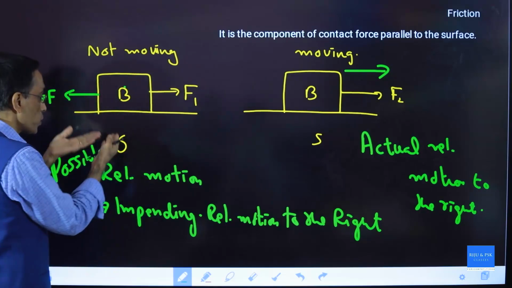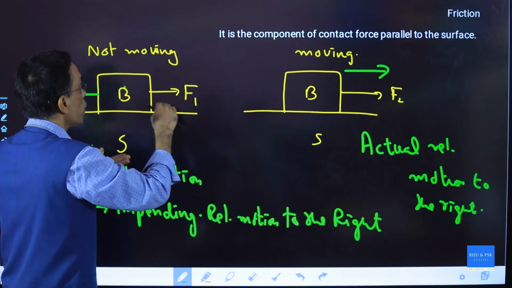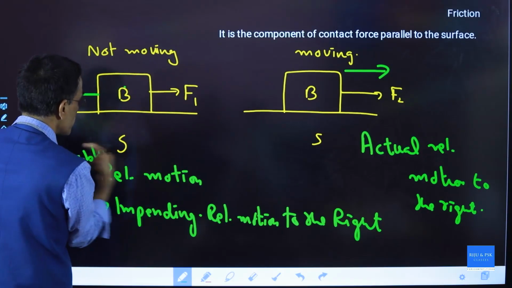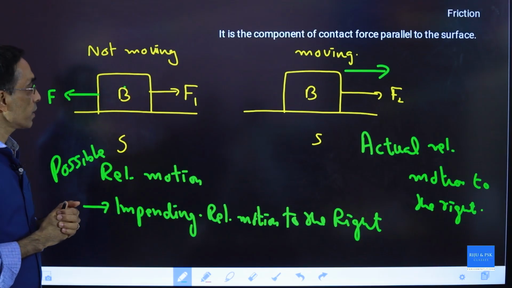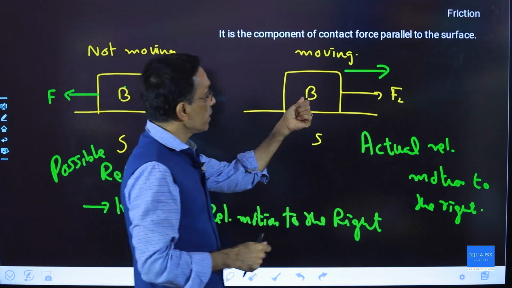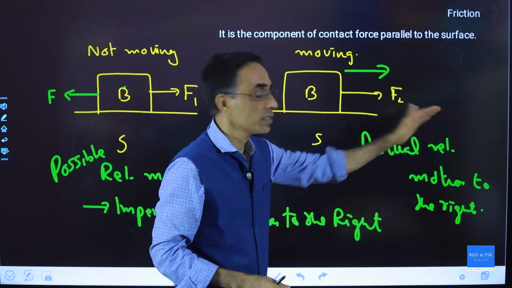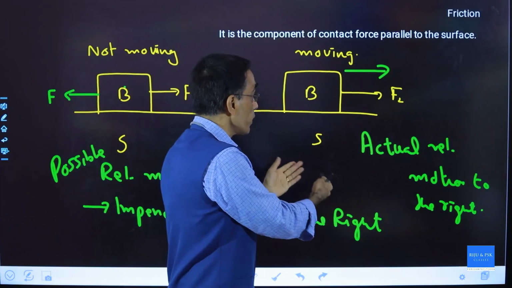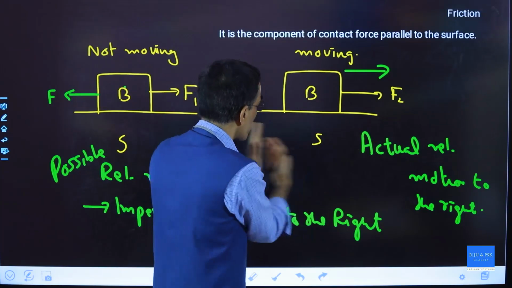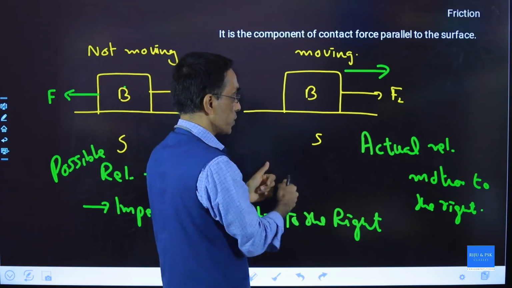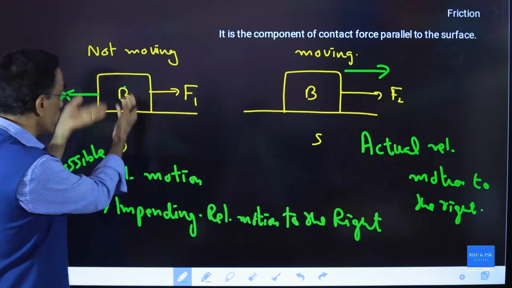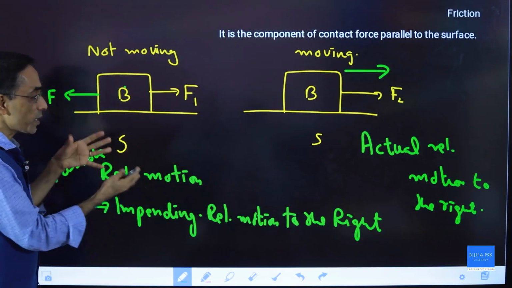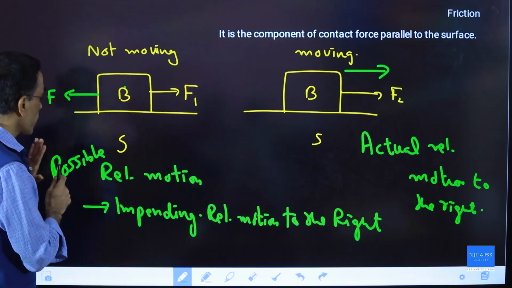With respect to the ground, you are moving forward, or with respect to the block, the surface is moving backward. That is what we call relative motion. Here again, B is moving to the right. S is not moving, but if you look from B, S will appear to be moving to the left. That is called relative motion. So, there is an actual relative motion between them in this case, but in the other case there is no actual motion, only a tendency of relative motion.